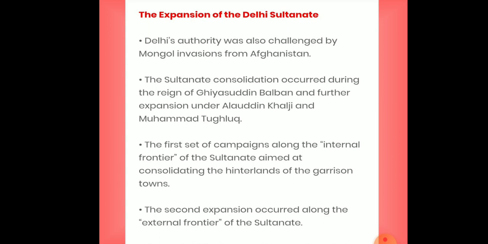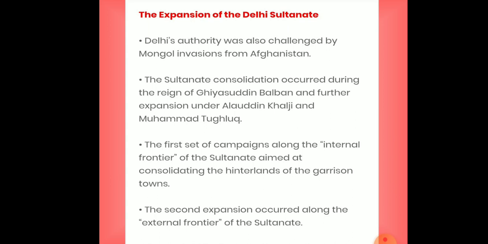The first set of campaigns along the internal frontier of the Sultanate aimed at consolidating the hinterland of garrison towns. A garrison town means a town that has troops or military persons permanently stationed in it.